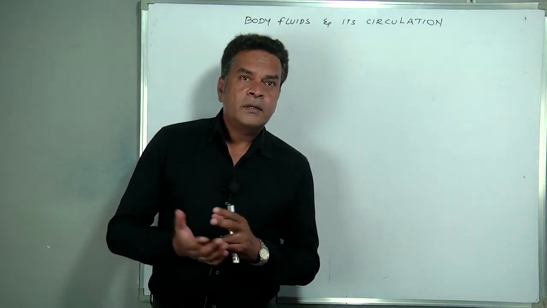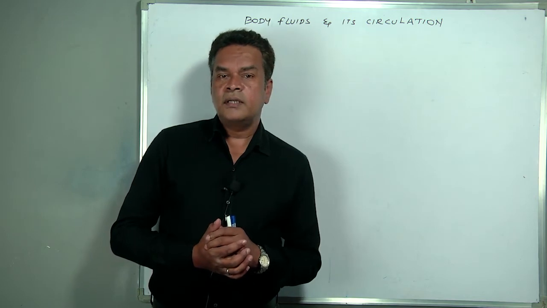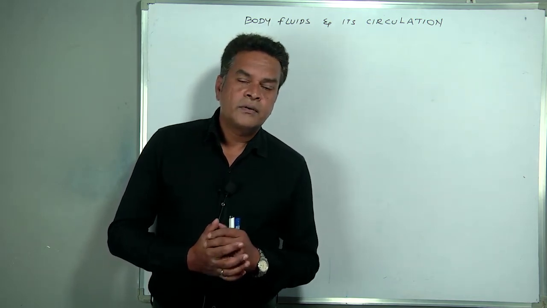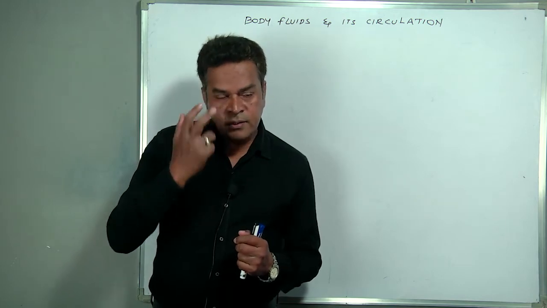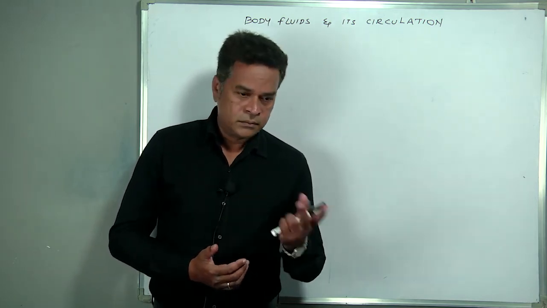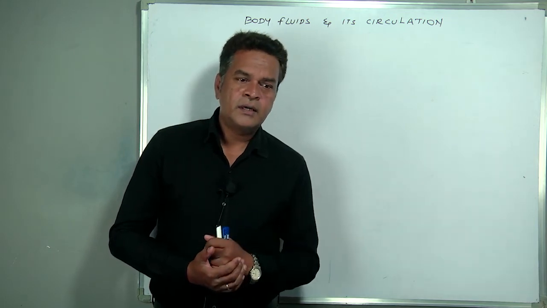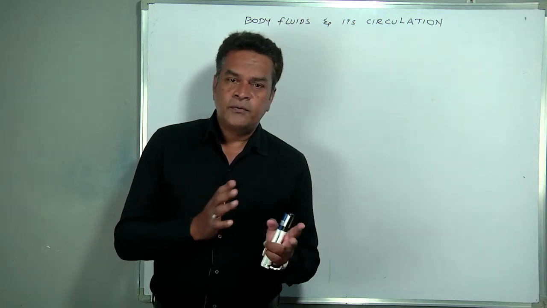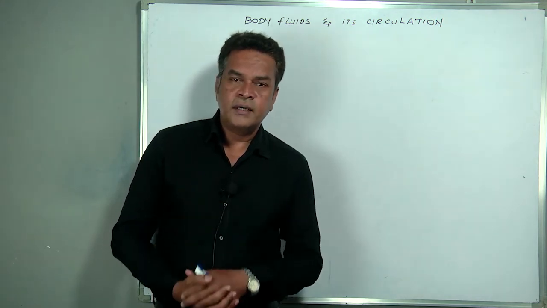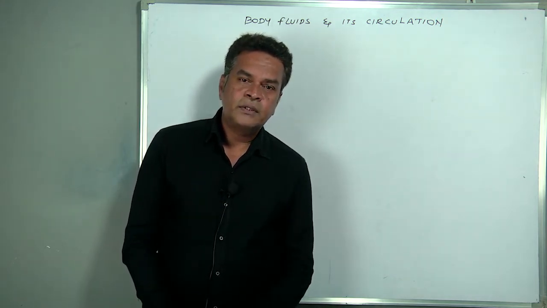But when it comes to the vertebrates, you can see there is a gradual development in the structure of the heart also. In fishes, the heart is a two-chambered heart: one atrium and one ventricle. From fishes onwards you can find a gradual development of the heart.